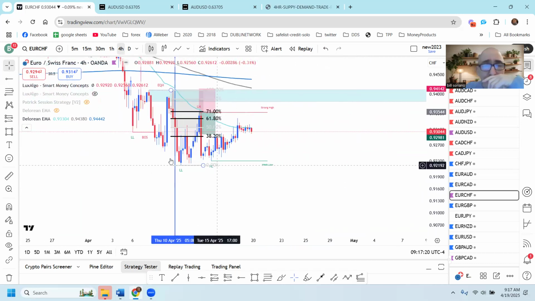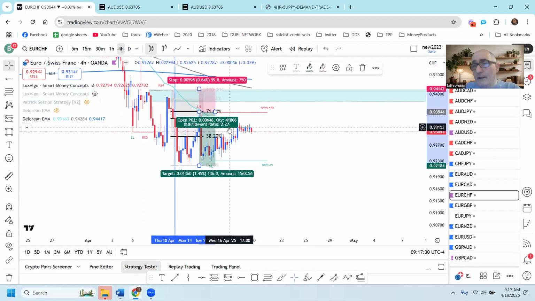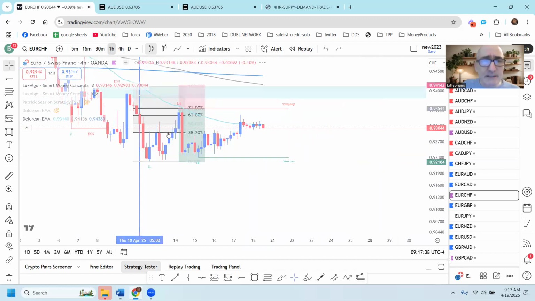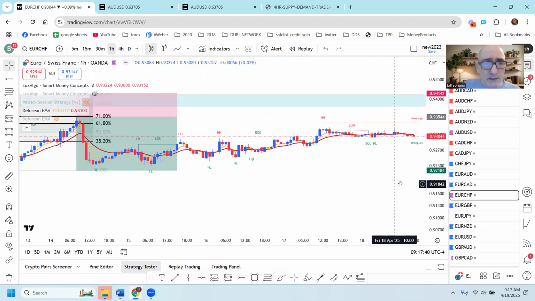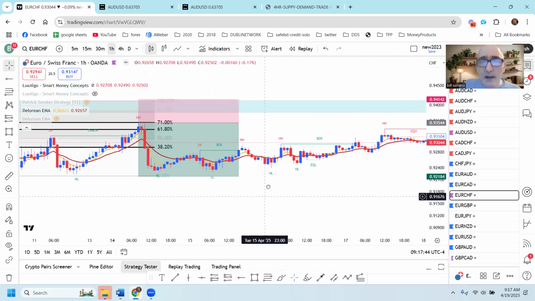So when that happens, you just use this low right here. And you can see that we're able to get basically a 2.27 gain if this area is hit. And you can see what happens is on the 1-hour time frame, price comes all the way down to here. Okay.